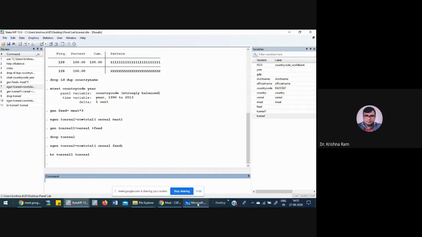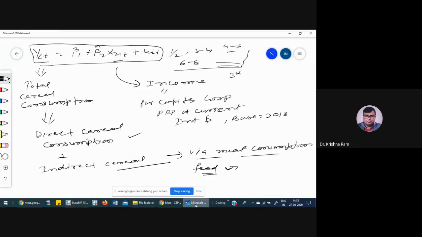So the limitation of using the gen command here: you are doing a simple arithmetical thing, so both gen and egen total cereal work. But let's suppose that we require to add a particular variable for each cross-sectional unit.